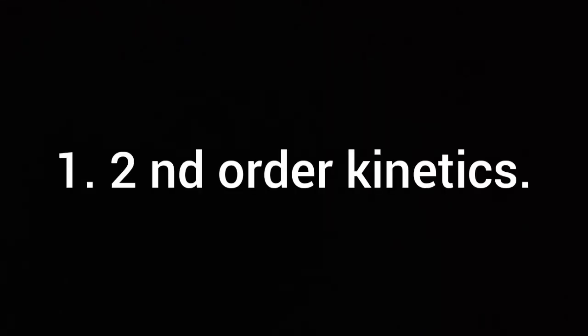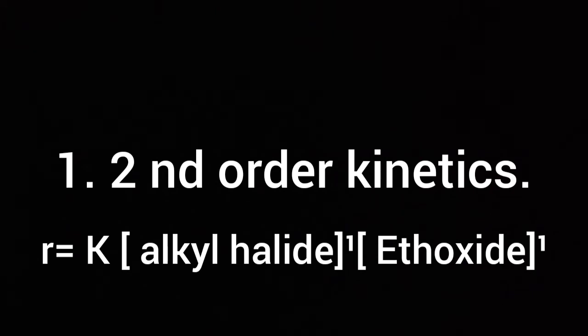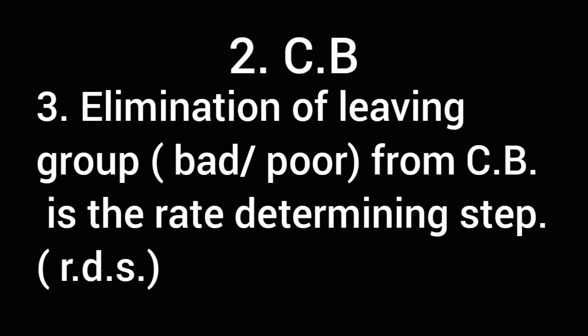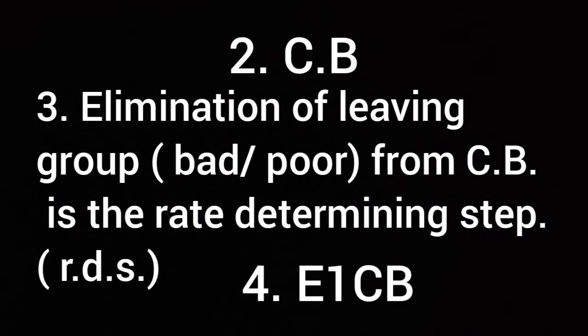Let us revise quickly. E1CB follows second order kinetics. R is equal to K, concentration of alkyl halide to the power 1, concentration of ethoxide, EtO minus, to the power 1. The reaction proceeds through a conjugate base. Elimination of the leaving group from the conjugate base is the rate determining step. As the reaction proceeds through the conjugate base, the reaction is known as E1CB, elimination unimolecular conjugate base.